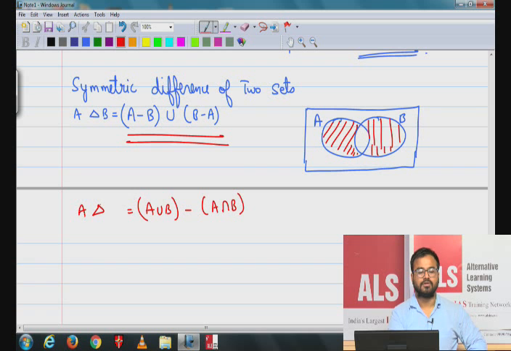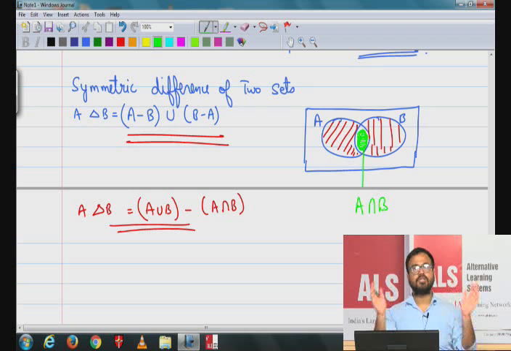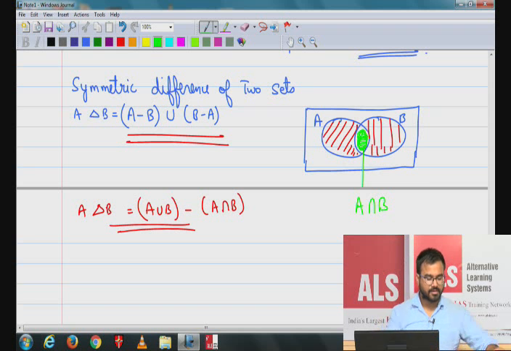This common green region is known as A intersection B, and A union B means total. So from the total we are eliminating the common region, and the leftover is the symmetric difference.